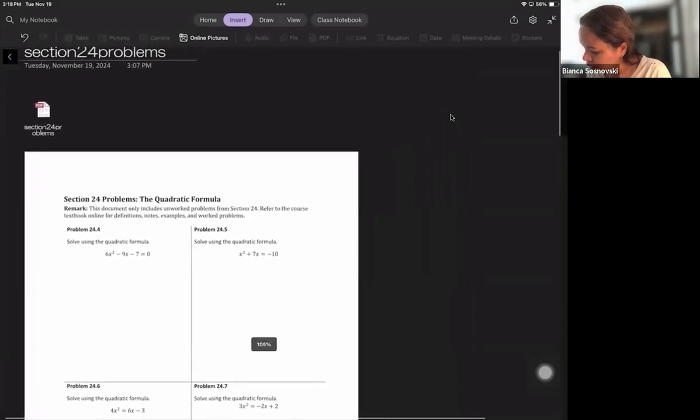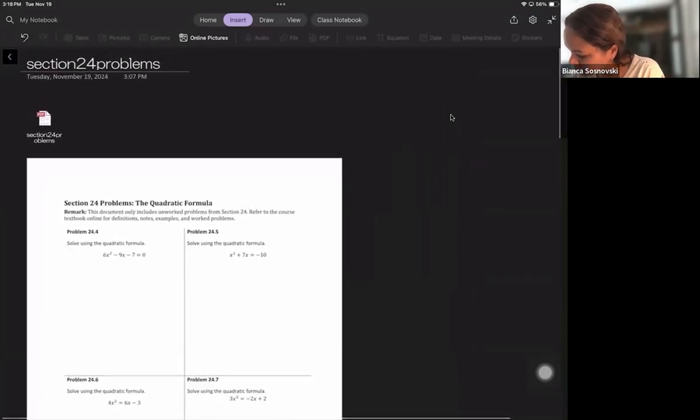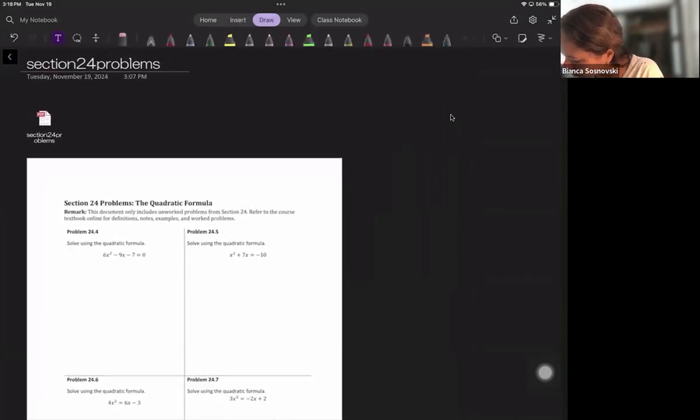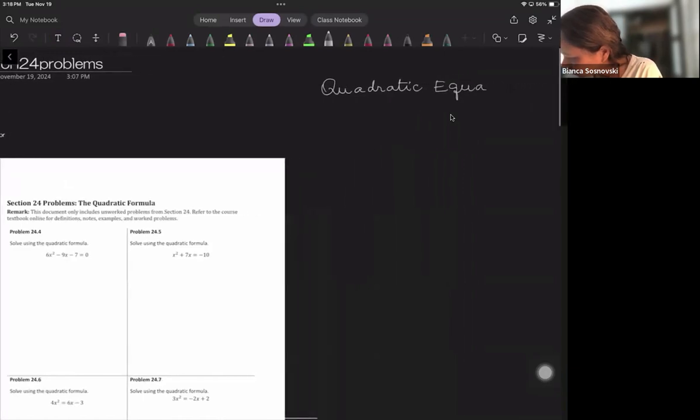And we are talking about equations of the following form. Quadratic equations have the following form.